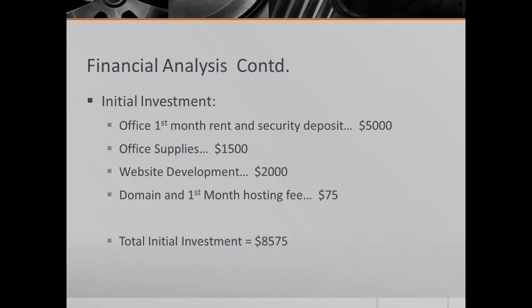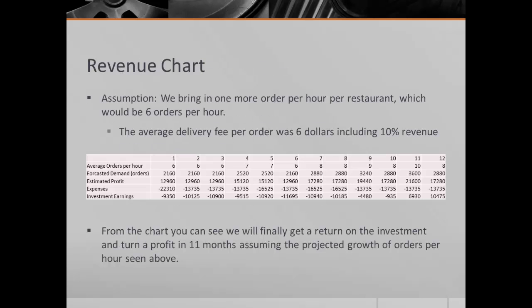The website development would cost about $2,000 to fully make and complete. And then finally, the first month of hosting the domain fee is $75, totaling the initial investment at $8,575.